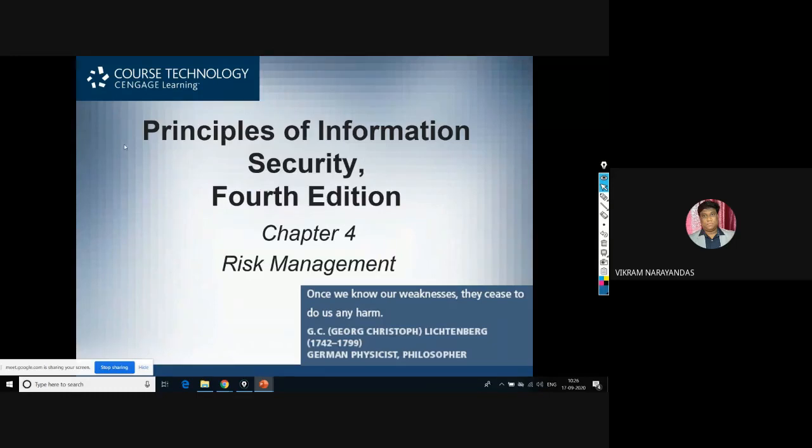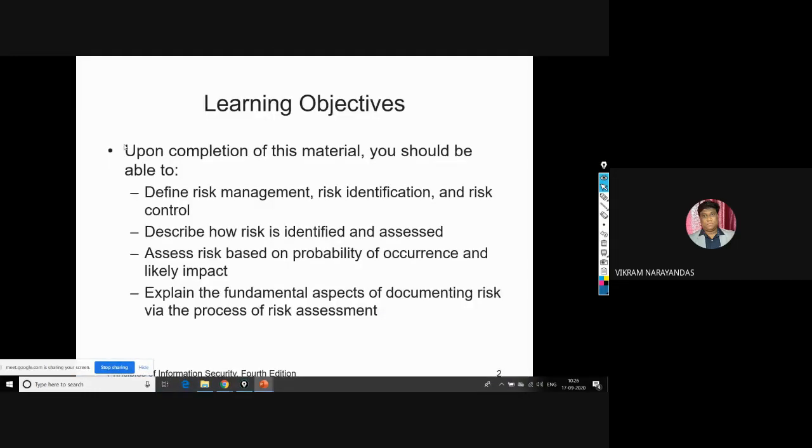So in this unit, we'll study how to define risk management. What is risk management? Risk identification, risk control, and we also describe how risk is identified and assessed. We also explain the fundamental aspects of documenting risk via the process of risk assessment here.